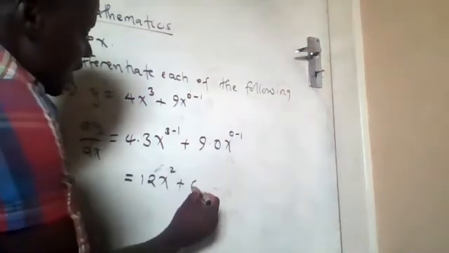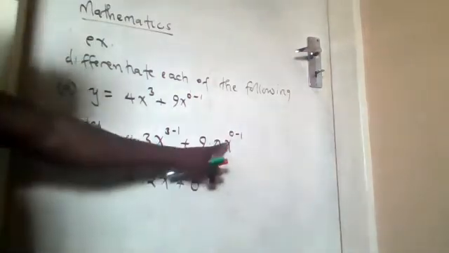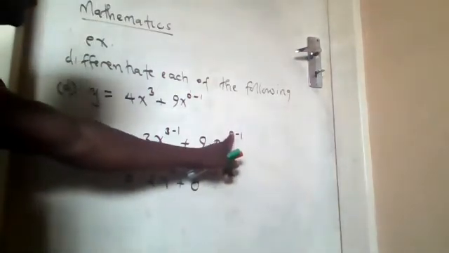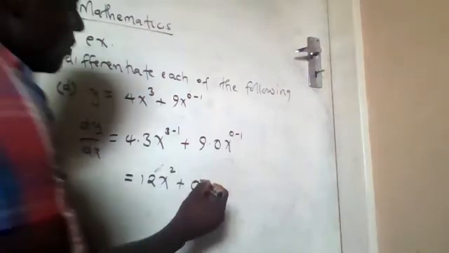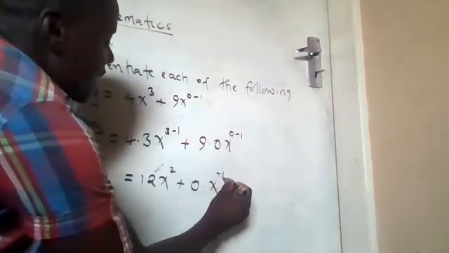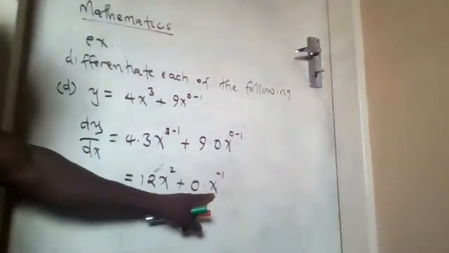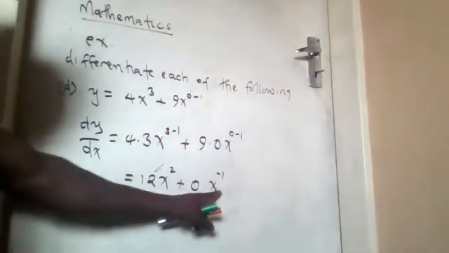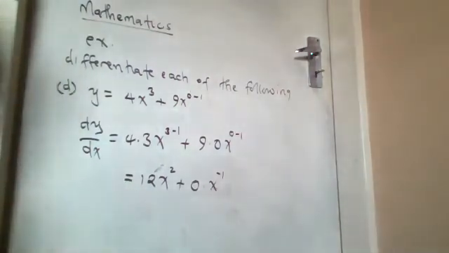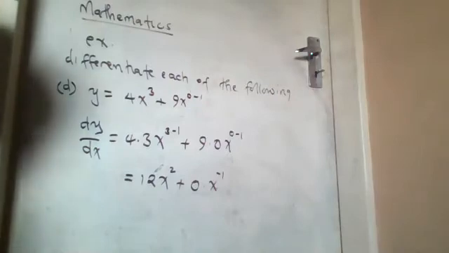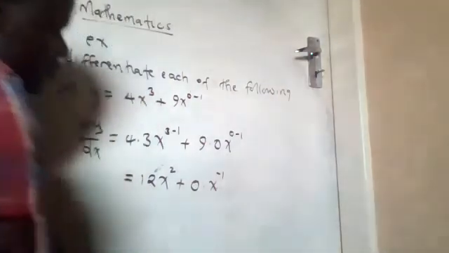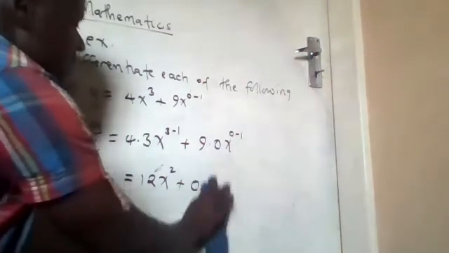So we're going to have a 0 here multiplied by x. Now, when you subtract 1 from 0, we're going to have x raised to power -1. But because we are multiplying any number by 0, it gives us a 0. So when you multiply this part, it is going to give us a 0.